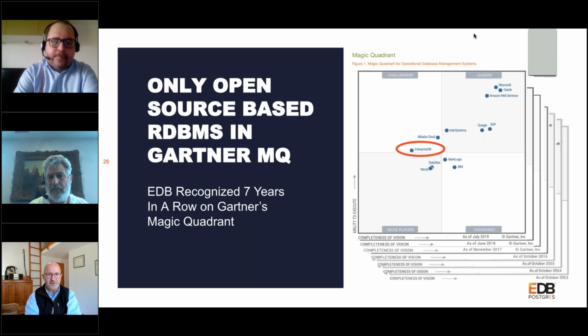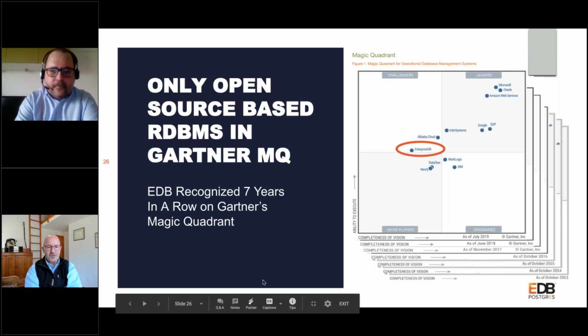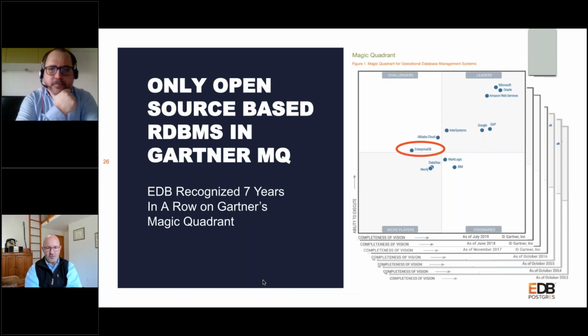So Gartner now for 7 years has recognized EDB Postgres, which is largely PostgreSQL, in the Gartner Magic Quadrant, and has strongly recommended Postgres as a platform that enterprises can use because the completeness of vision is there largely, and certainly the ability to execute for enterprises. So if you look back at 7 years of the Gartner Magic Quadrant, Enterprise DB and Postgres have been in there for 7 years.